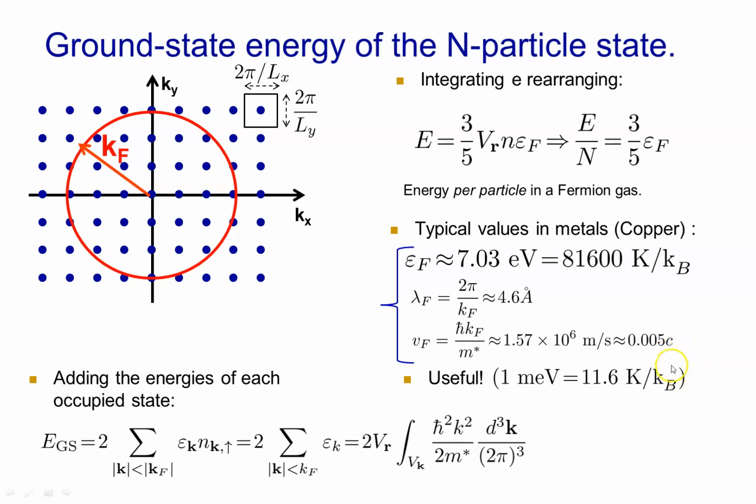Not photons. Photons are bosons. But for now, for regular metals, it's just a non-relativistic free fermion gas.